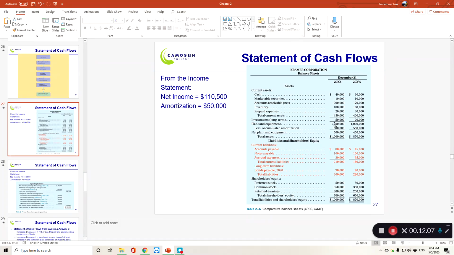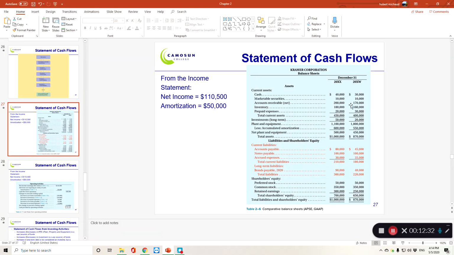Marketable securities, nothing changed, but we see that accounts receivable went up by $30,000. If our accounts receivable went up by $30,000, it means we received $30,000 less in payment than we should have. This means that we basically provided credit to people. It's a use of cash, right?